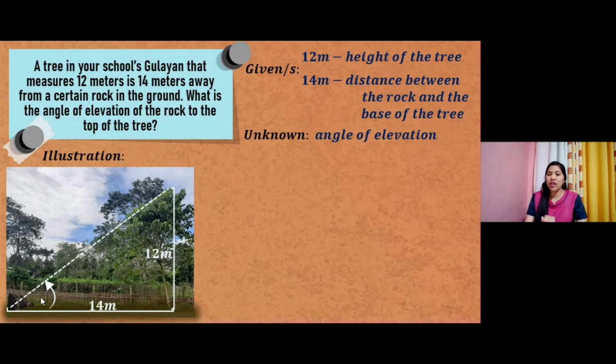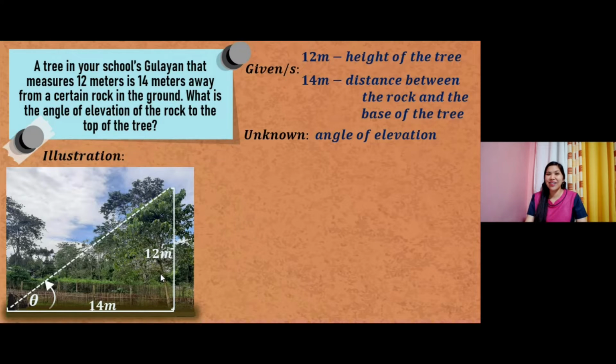As you can see, we have a right angle or right triangle that is formed. So you have here this missing angle. So suppose that we let this angle to be theta. Now, if we let this angle here to be our angle of reference, what is 12 m and what is 14 m as the side of your right triangle?